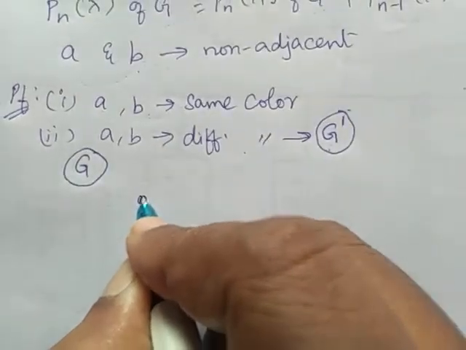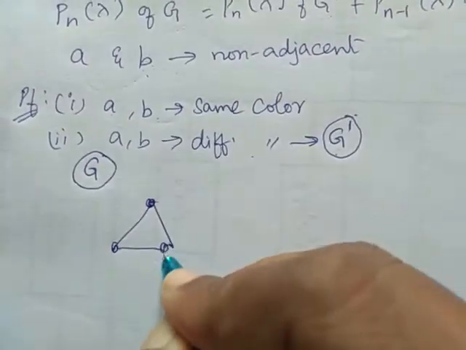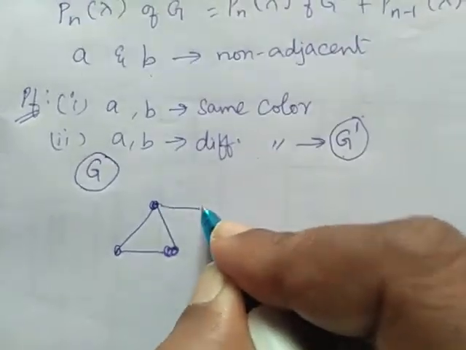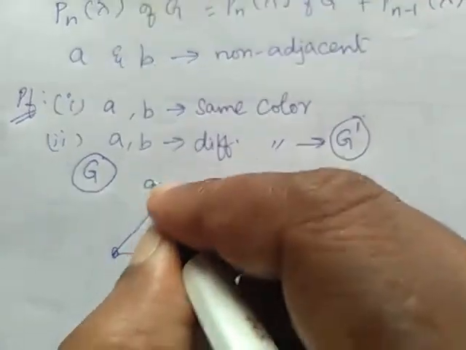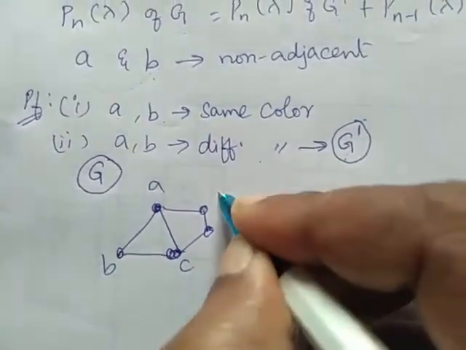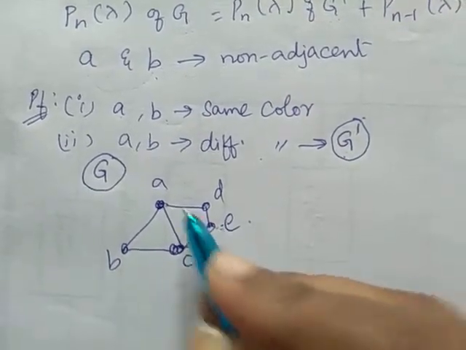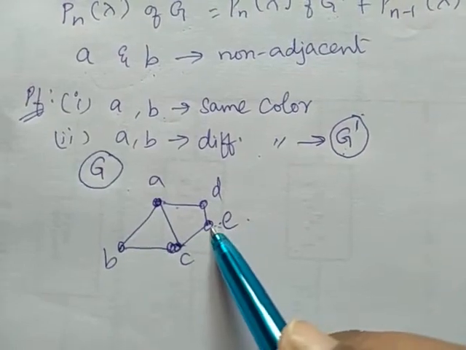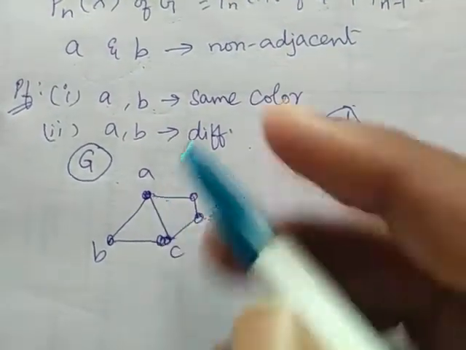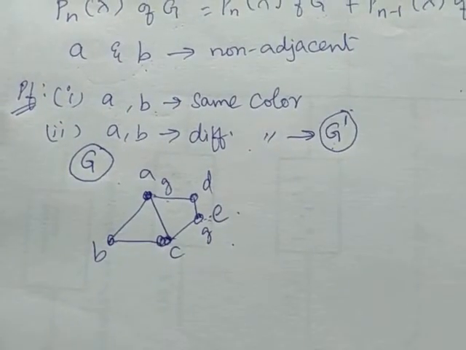See, suppose this is our graph. A and E are not adjacent to each other. So I can use A as one color and E as the same color. Suppose A is green, I can use green for E also.